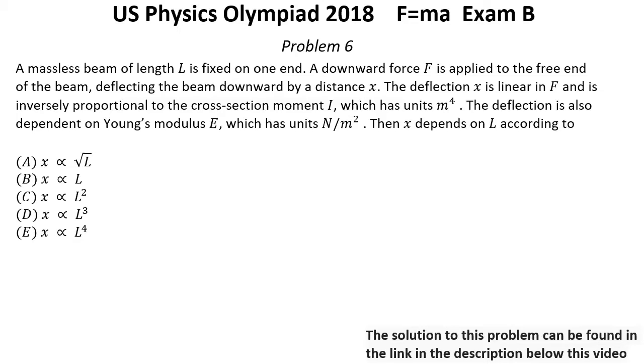The deflection x is linear in F and inversely proportional to the cross-section moment I, which has units meters to the power 4. The deflection also depends on Young's modulus E, which has units newtons per square meter. Then x depends on L according to the next one.